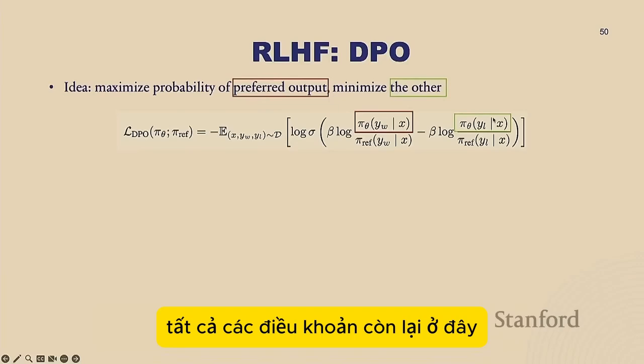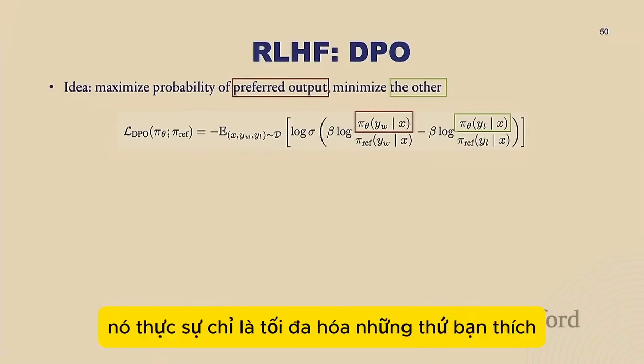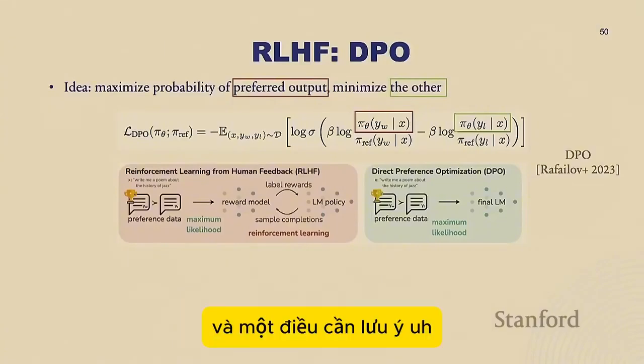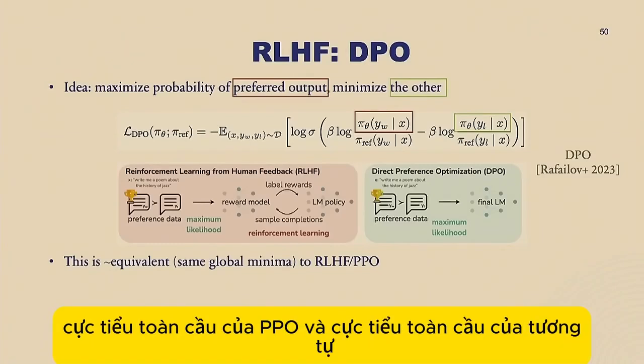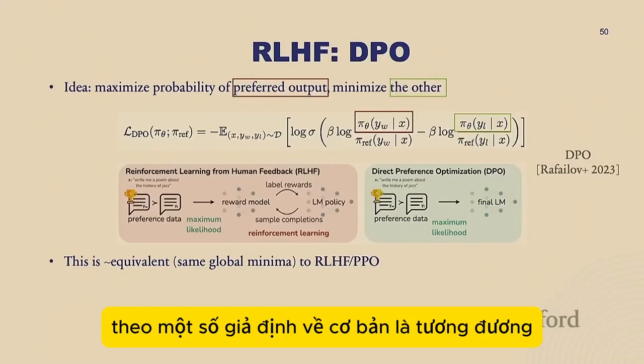All the rest of the terms here are not too important. It's really not that complicated to understand. But at a high level, it's really just maximizing the things you like, minimizing the rest. And one thing to note is that all the rest is chosen such that the global minima of PPO and the global minima of this DPO, under some assumptions, are essentially equivalent.